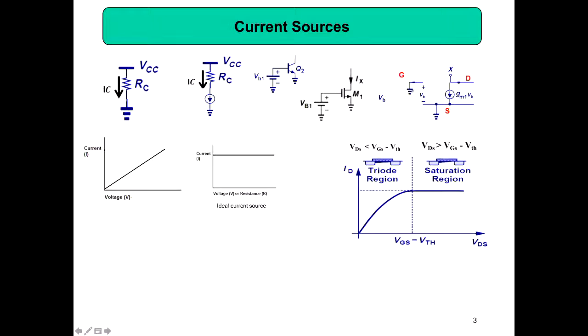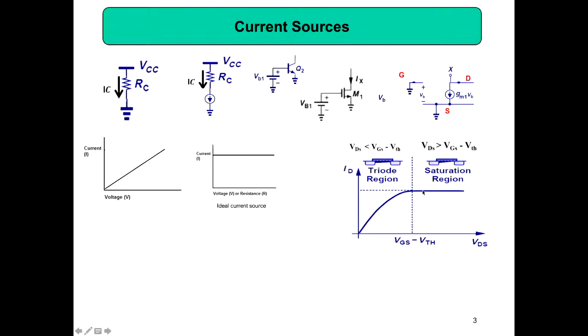But when you operate MOS or BJT as a current source, you have a problem compared to an ideal current source. So this is the ideal current source. The transistor will operate as a current source only after this region, meaning the saturation region. If you are using MOS, it will act as a current source only from this point onwards, in the saturation region.